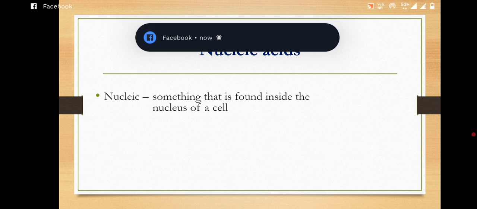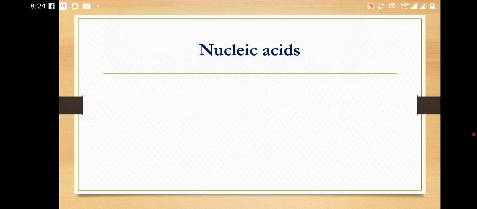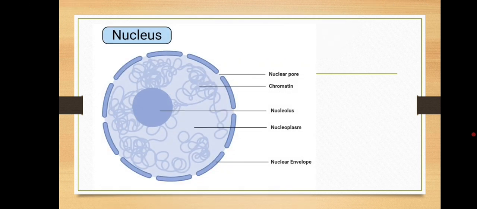Then what is acid? Have a look at briefly the schematic diagram of the nucleus. It contains a nuclear pore. The nuclear pore is a small opening which controls what enters and exits the nucleus.